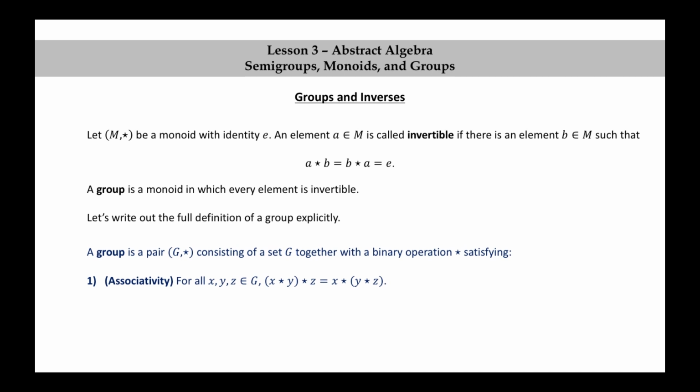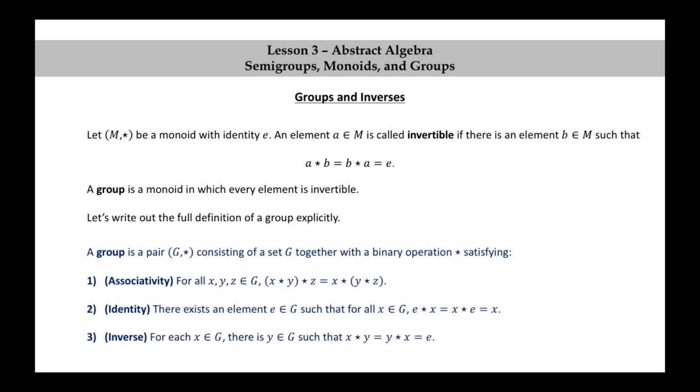For all x, y, z in G, (x * y) * z is equal to x * (y * z). 2. Identity. There exists an element e in G such that for all x in G, e * x and x * e are both equal to x. And 3. Inverse. For each x in G, there is y in G such that x * y and y * x are both equal to the identity e.